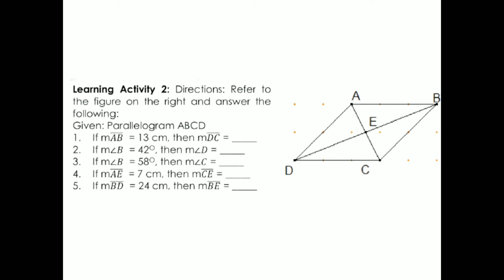Number 4: AE is part of the diagonal AC, and it is bisected by diagonal BD. So AE is equal to the length of CE.